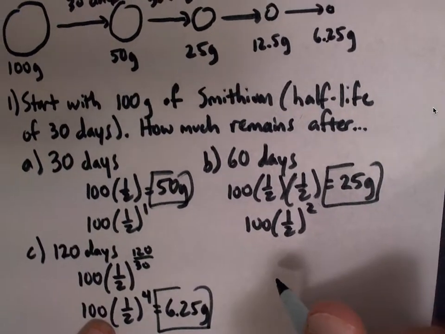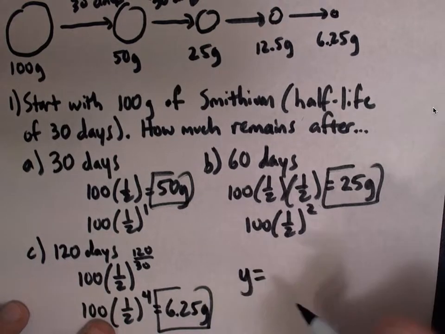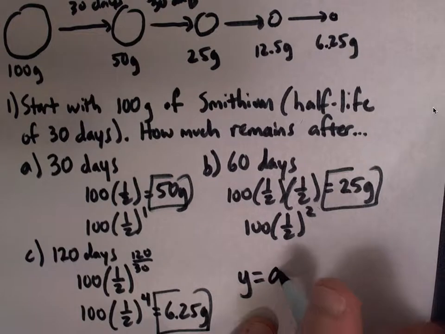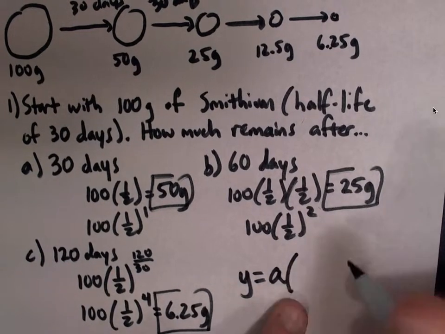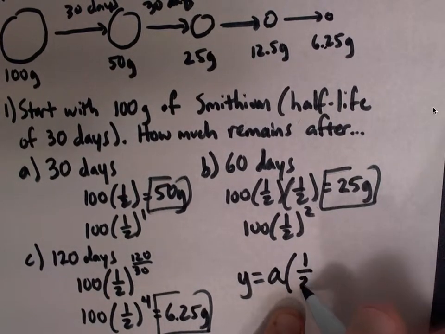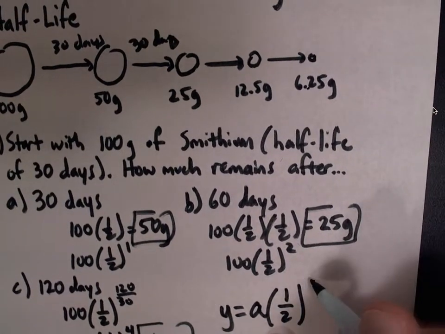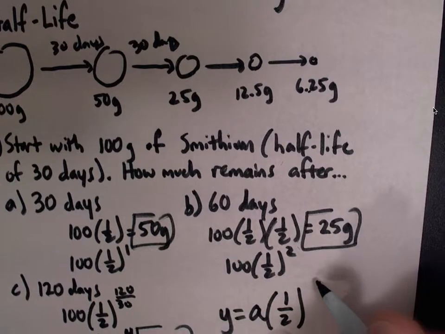And these were really simple examples just to get you understanding what's going on with our half-life formula. So let's go ahead and write that now. So Y equals, we have our A, which is our initial amount. Our B, which is our decay factor, is always going to be just 1 half. And our time here is going to be the number of half-lives.